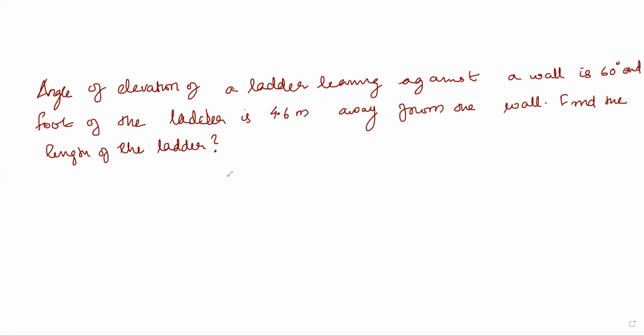Okay. So see here, angle of elevation of a ladder leaning against a wall. Suppose this is a wall. A ladder is leaning against it, and its angle of elevation, ladder is standing like this. This one is ladder, and this angle of elevation is 60 degree.